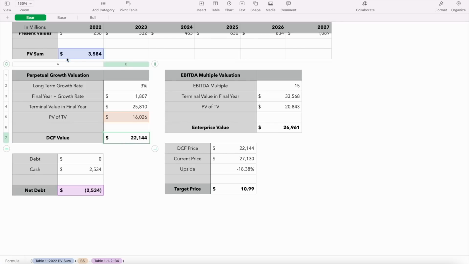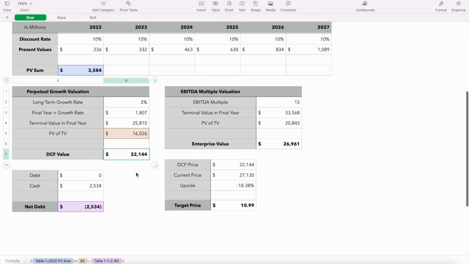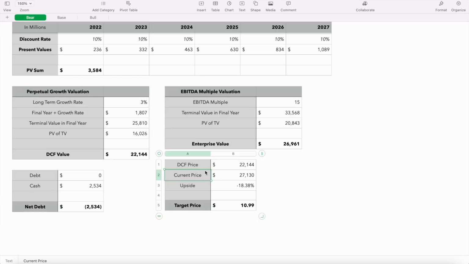And lastly, we're taking the sum from up here that we already talked about, and we are adding to it the perpetual growth rate and subtracting the net debt, which is actually just cash because Palantir is debt-free at this moment. So there you have it, $22 billion, which compared to the current price at around $27 billion for the stock represents an actual downside of 18%, down to approximately $11 a share.